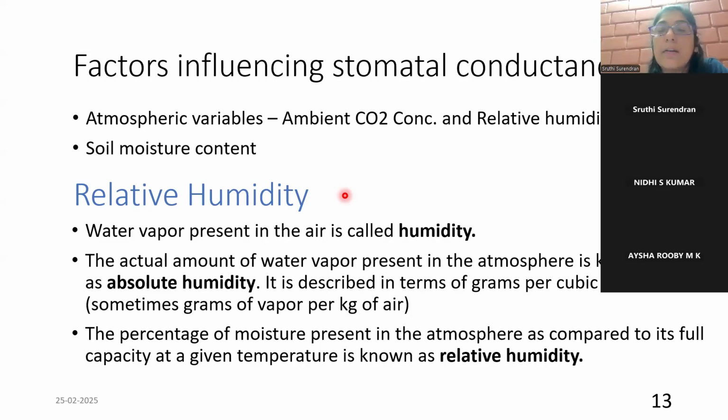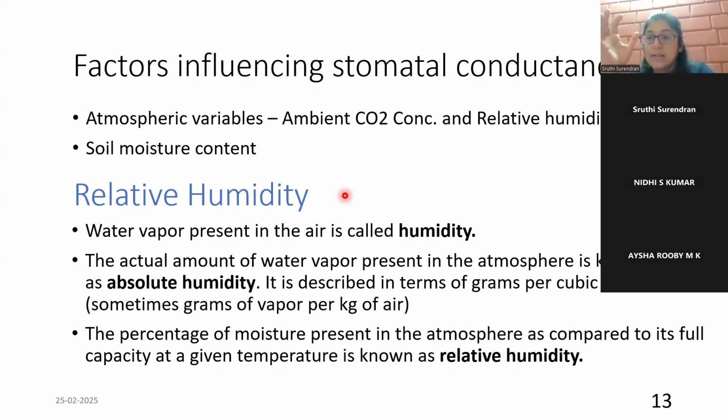So basically, when water vapor is present in the air, it is called humidity. It's a general term, humidity. But what we are going to use are terms like relative humidity, absolute humidity, saturated vapor pressure, and actual vapor pressure. These are the kinds of terms that we are going to use. So what are all these terms and how are they different from each other?